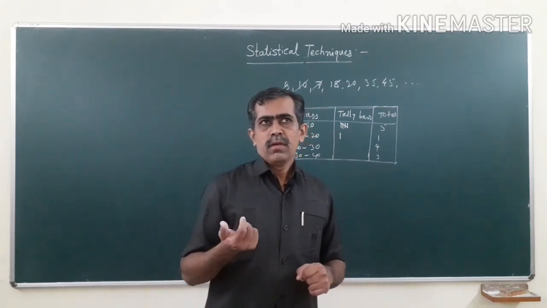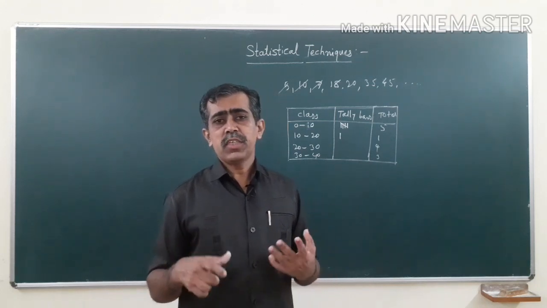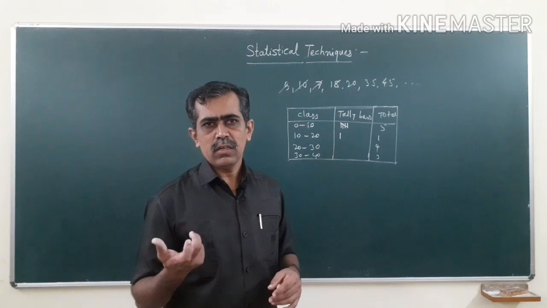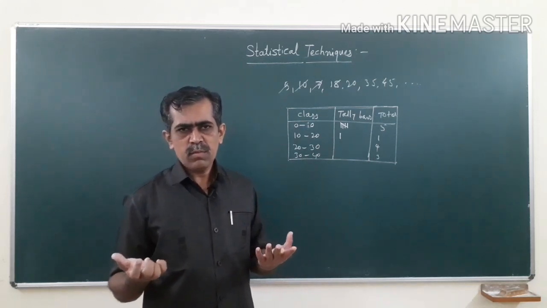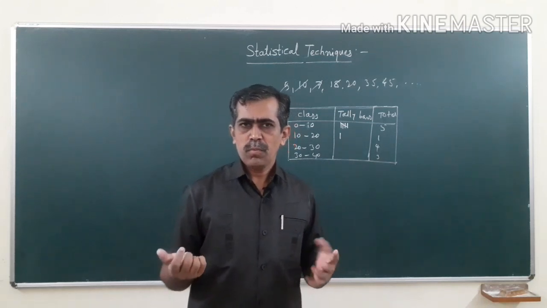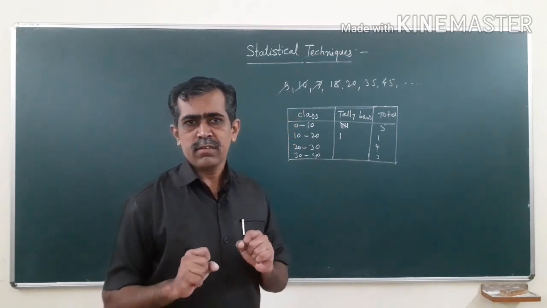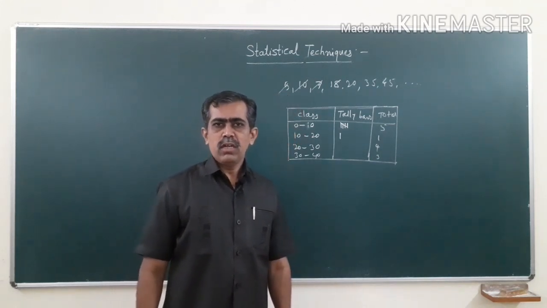For mean deviation, in Marathi we call it praman vichalan, standard deviation, sarasari vichalan. So you have learnt all these things in Marathi, or some of you might have learnt in English also, in your school days, or at the most in your junior college in 11th and 12th.